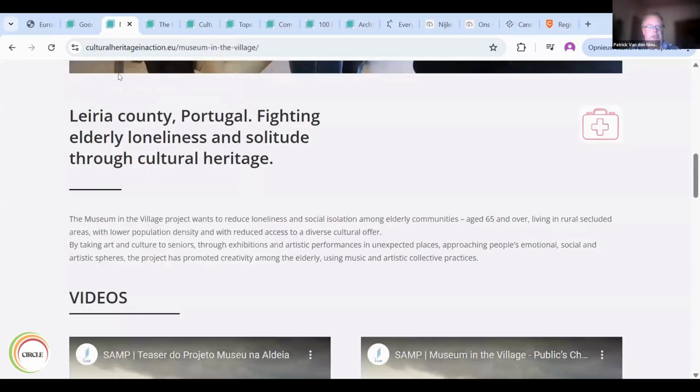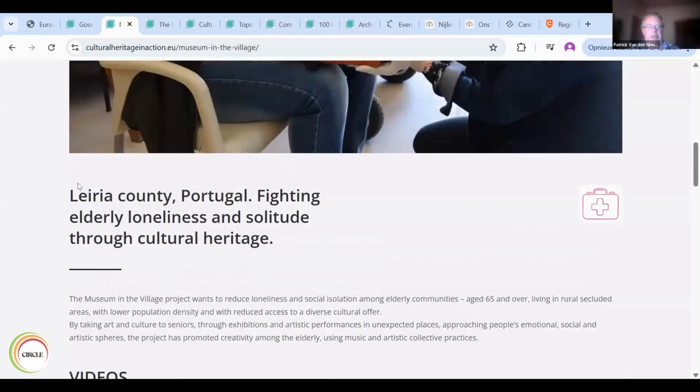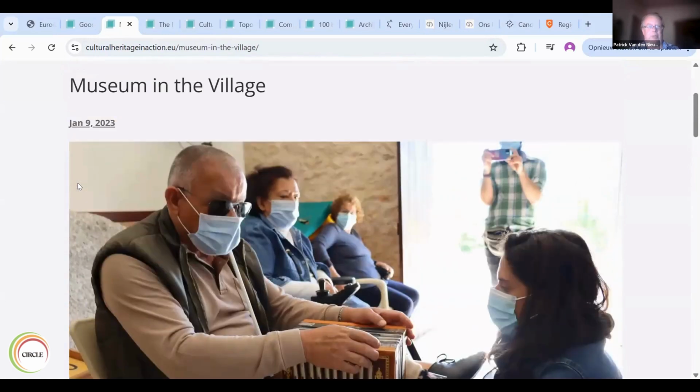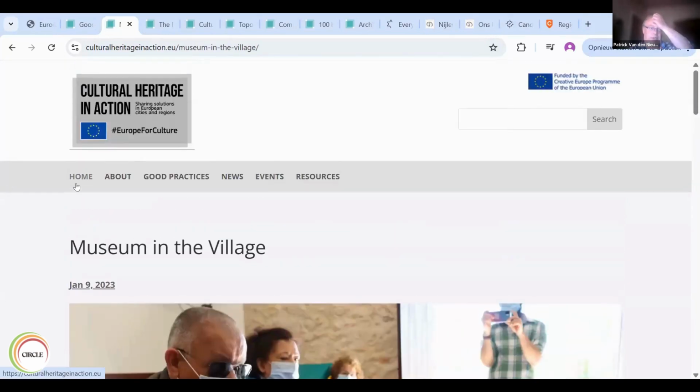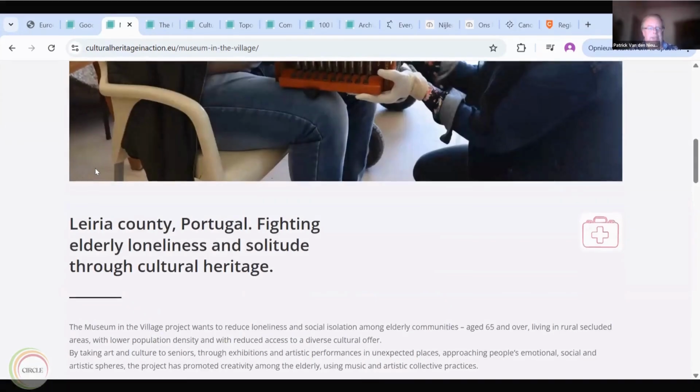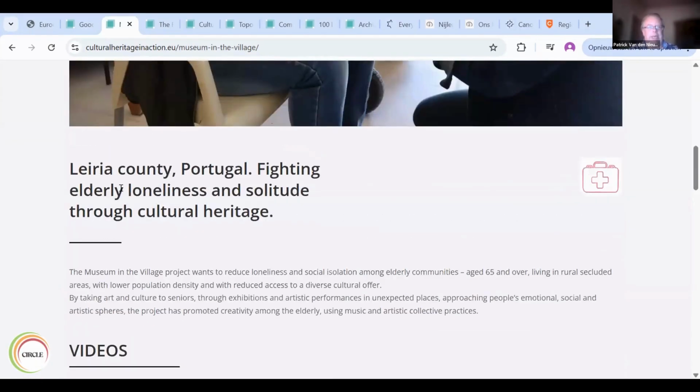And one of the first examples is the project called Museum in the Village. It's a project that was developed in Portugal, fighting elderly loneliness through cultural heritage.